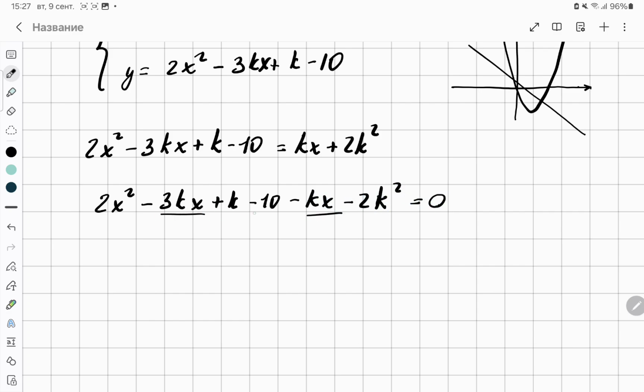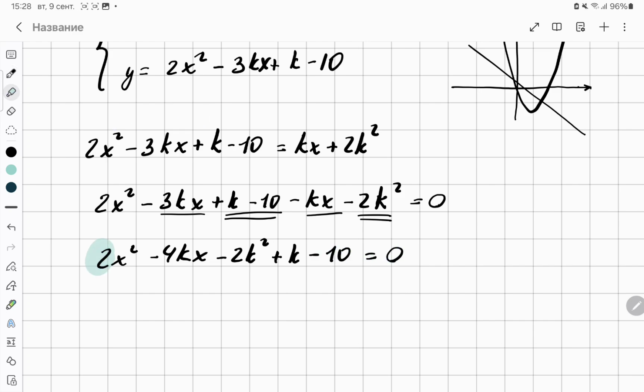Now let's combine the like terms: 2x squared minus 4kx. All the remaining terms are constant, so it's a number. So this is the a coefficient, this is the b coefficient, and this is the c coefficient.